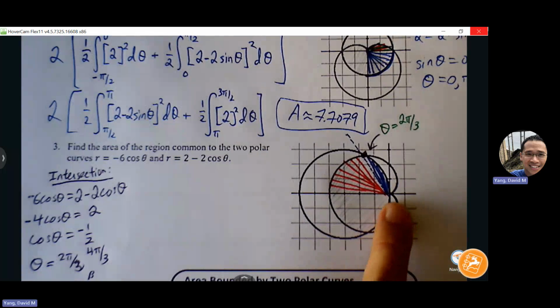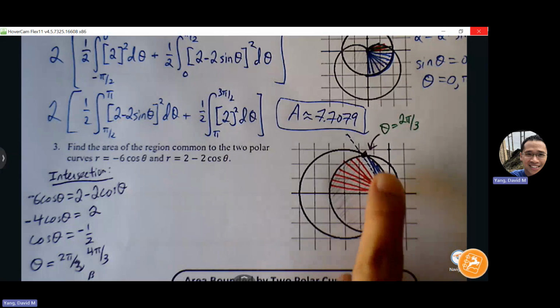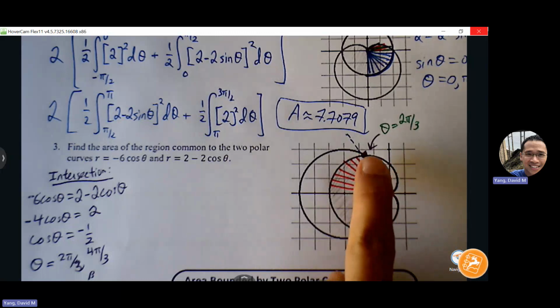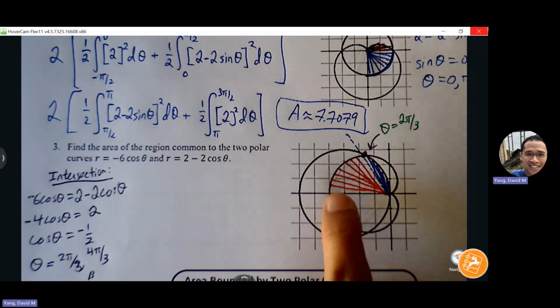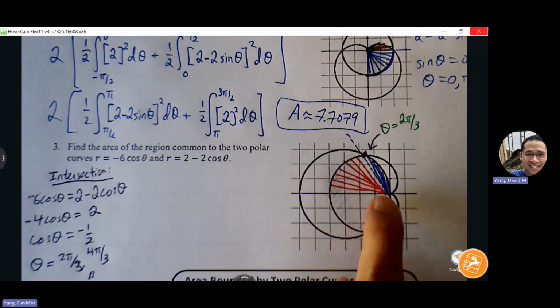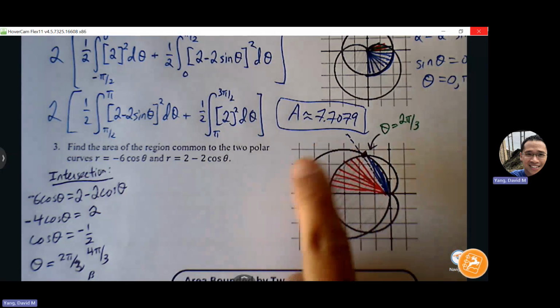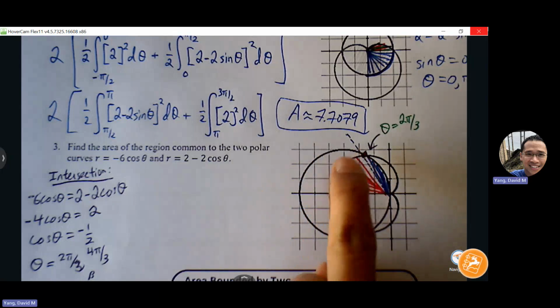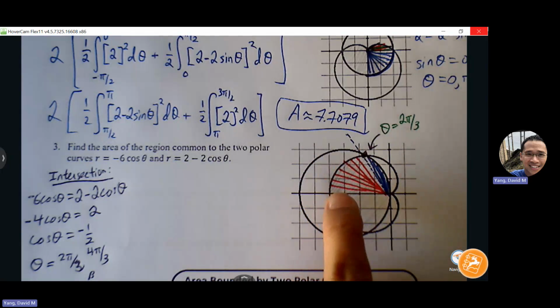So the first region is going to be hitting the circle first, and then it's going to switch over to the cardioid in the second portion.